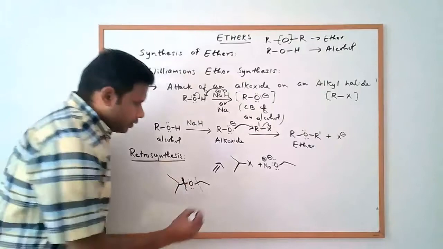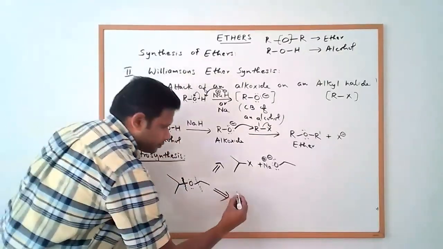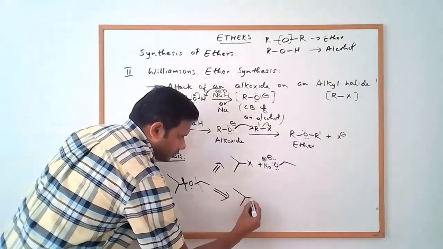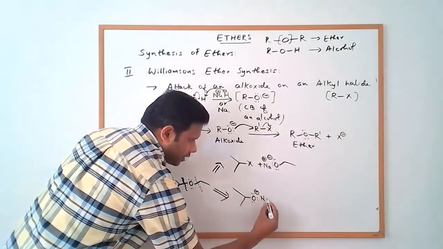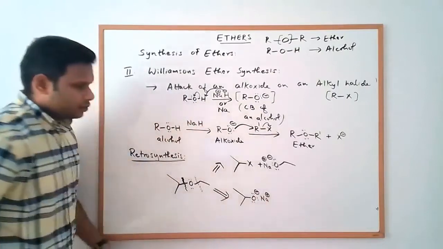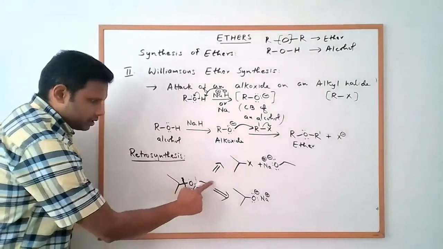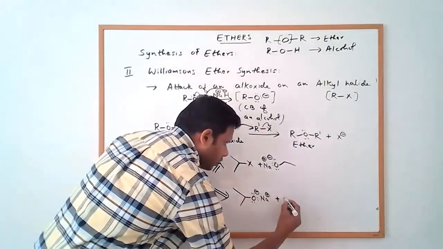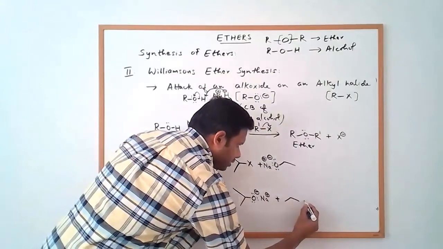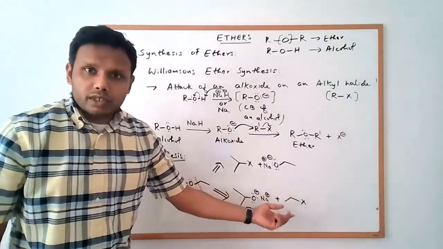And so the other disconnection possibility is that you started with the isopropoxide as a nucleophile, or this was the alkoxide. And then the other portion, which is the two carbon chain, was the alkyl halide. Some halogen, chlorine, bromine, iodine.